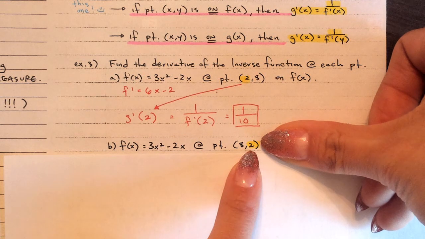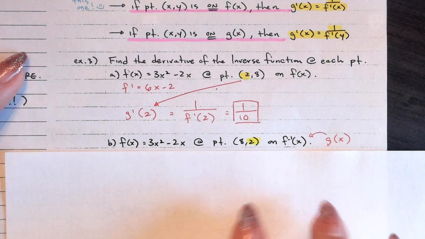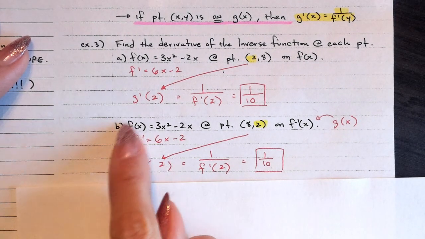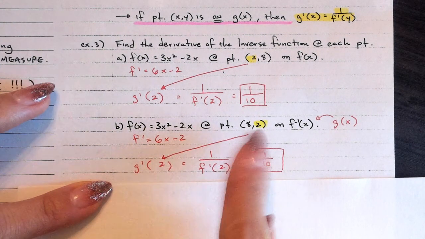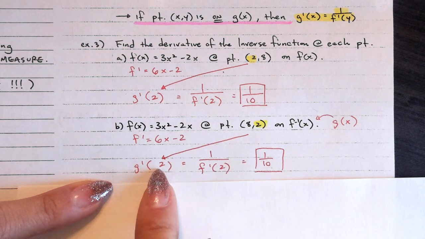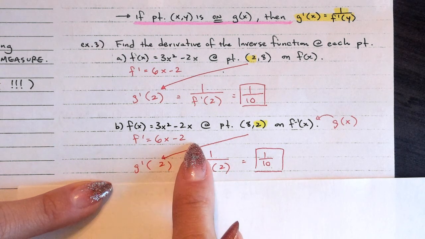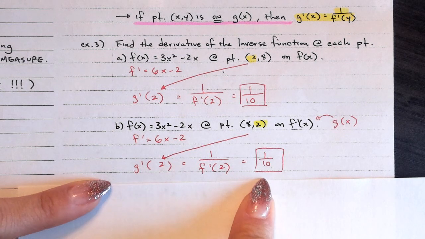So 2 is the one that gets circled, the one that gets highlighted. I'm really still finding the derivative. The 2 is the x value here. So 2 gets plugged in here, 2 gets plugged in here, and then 1 over f prime of 2, 2 gets plugged in here. Yes, the answer is 1 over 10.